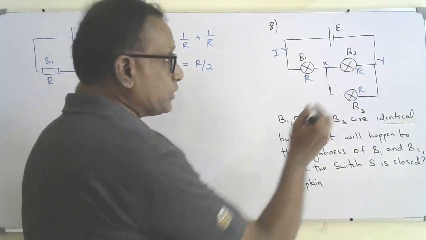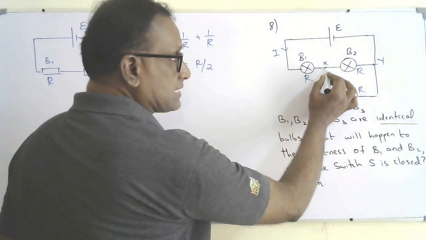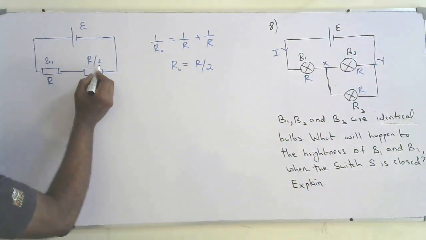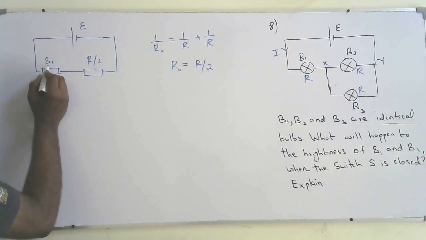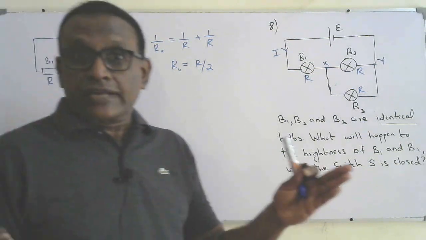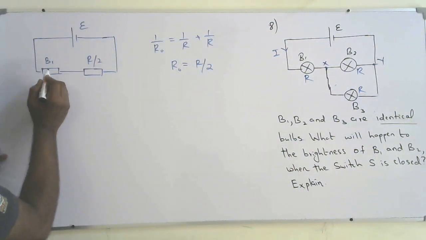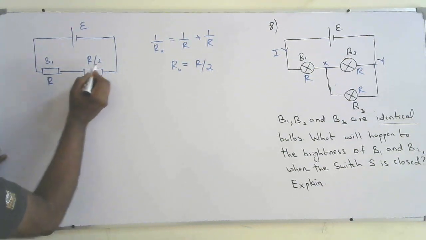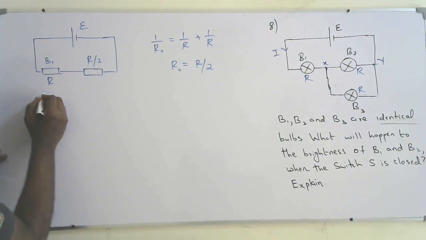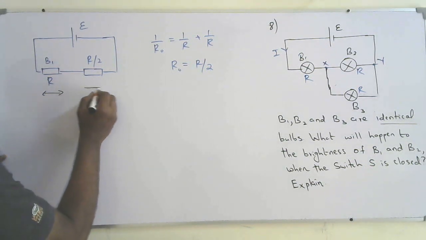Now when the switch is closed, what's happening? The equivalent resistance across the junction has dropped to R by 2. This resistance is remaining the same. So with the potential divider method, the voltage will be divided across these two according to the ratio of their resistance. So the voltage across B1 will be larger than the voltage across the junction.